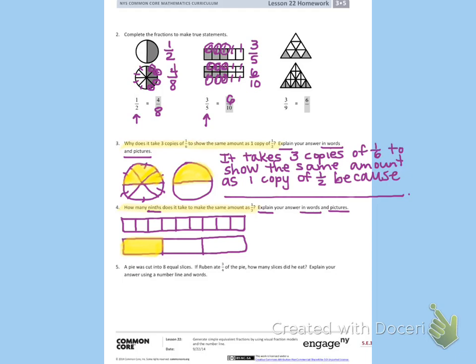Then we have to answer the question. There are blank ninths in 1/3. You fill in the blank.